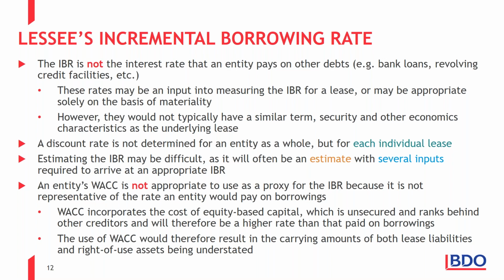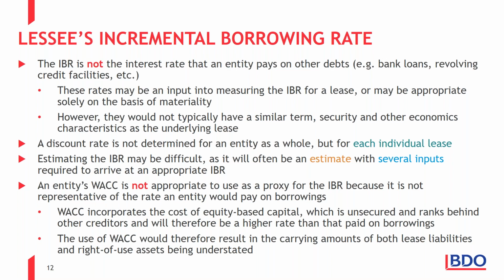So these rates would be put into measuring your IBR, or it may be appropriate solely on the basis of materiality. The problem with using this rate and why it's not always appropriate is often the rate that you're currently paying on your bank loan is not for a similar term, might not have similar security, and it might not have other economic characteristics similar to your underlying lease.